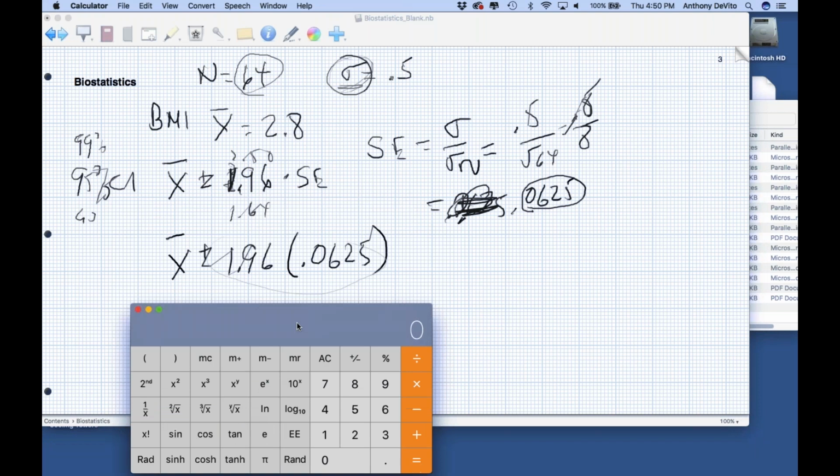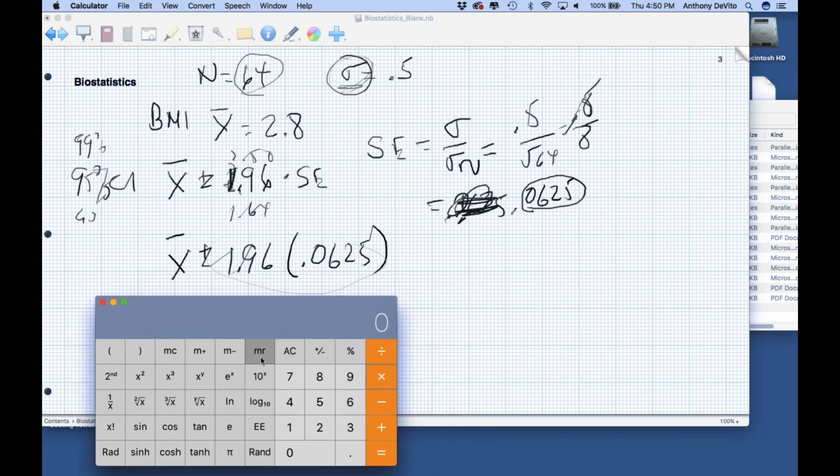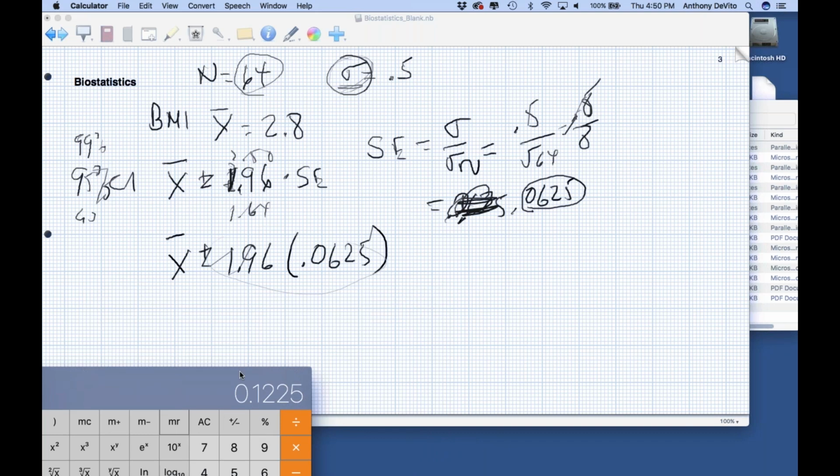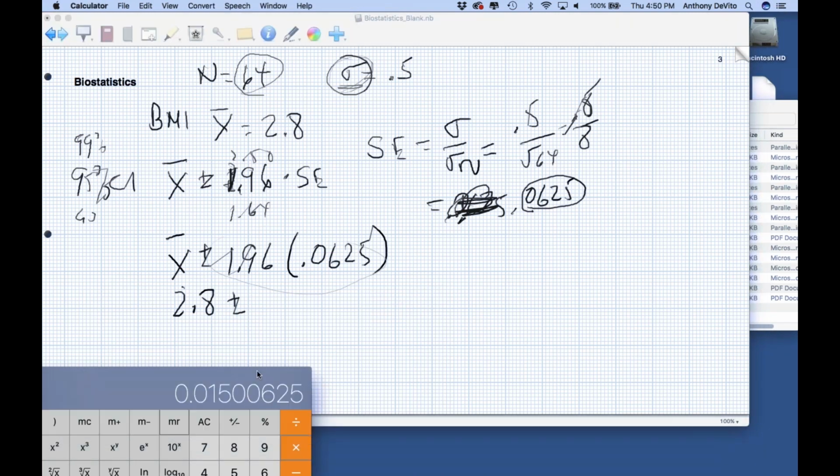Okay, let's see. 1.96 times 0.0625 is equal to 0.1225. I'm going to put that into memory. Oops, I cleared it.